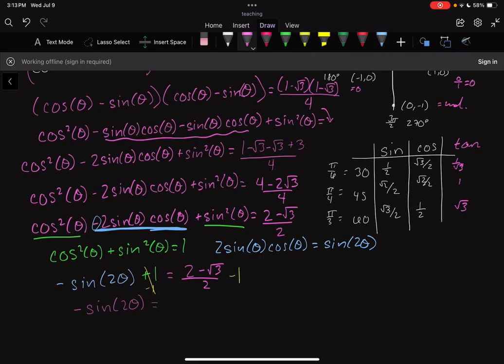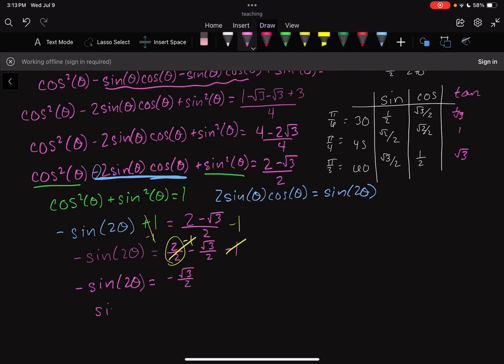So I need to reduce this: 2 over 2 minus root 3 over 2 minus 1. 2 over 2 is just equal to 1, so the 1s cancel each other out. I'm left with negative sine 2 theta is equal to negative square root 3 over 2. I can get rid of the negatives. I get sine 2 theta equals square root 3 over 2. Wow.